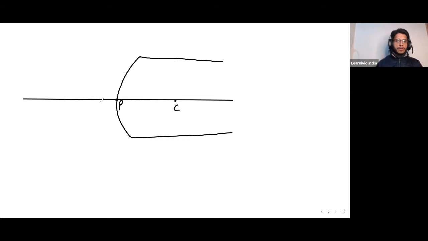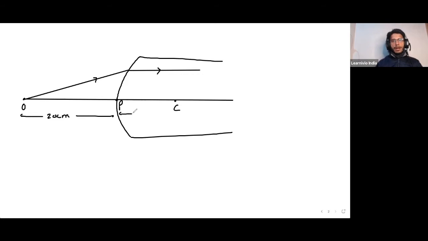This is the center of curvature. This is your object. This is the incident ray. After refraction, the ray becomes parallel to the principal axis. This distance is 20 centimeter. Infinity means the ray will become parallel to the principal axis after refraction, and this is the 10 centimeter distance.